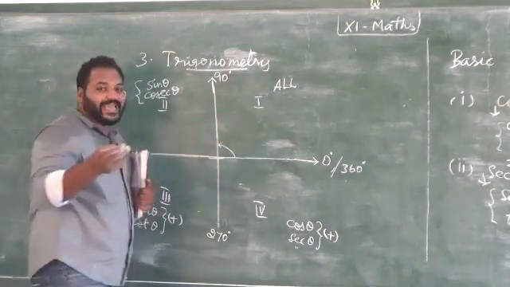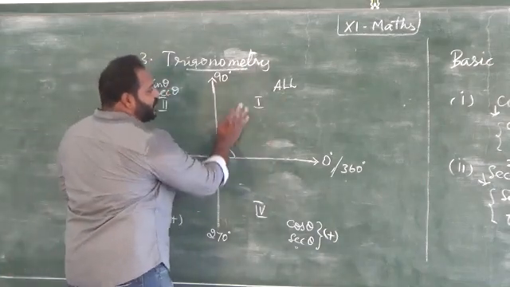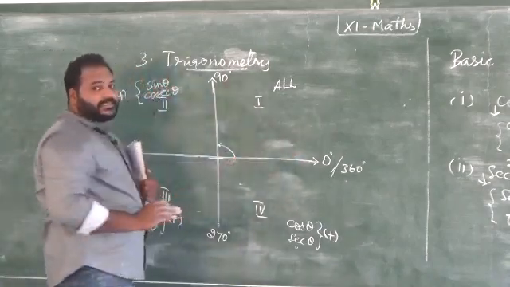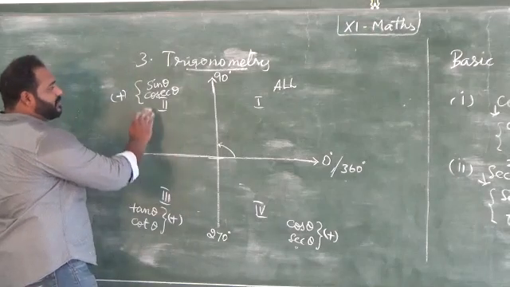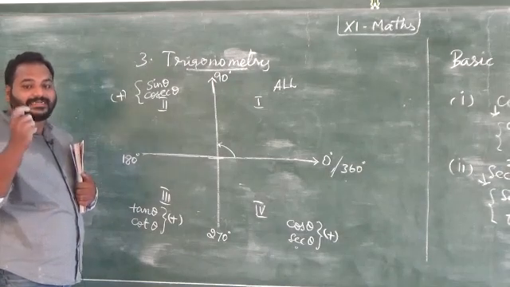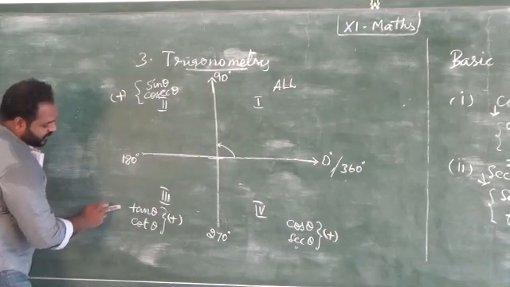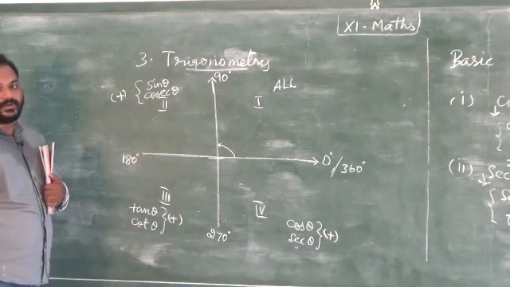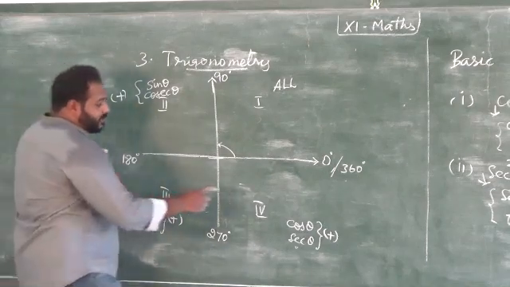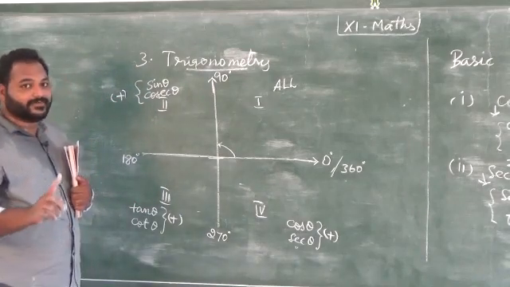To summarize: in the first quadrant all 6 ratios are positive. In the second quadrant sine and cosecant alone are positive, and cos, secant, tan, cot, the other 4, are negative. In the third quadrant only tan theta and cot theta are positive, and the other 4 are negative. In the fourth quadrant cos and secant alone are positive, and the other 4 are negative.